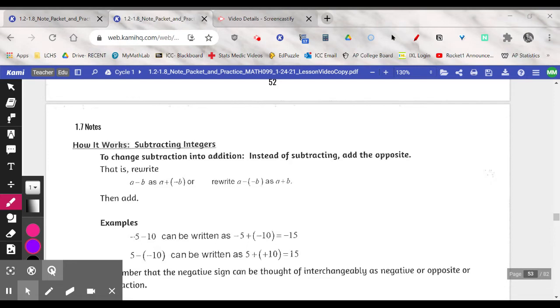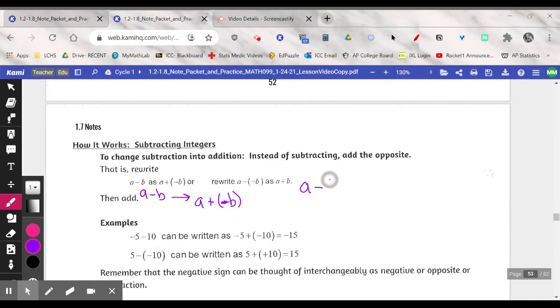So if you originally have it written as A minus B, you are going to change it to A plus negative B. If you originally have it written as A minus negative B, or A minus the opposite of B, you're going to change it to A plus B. And that's because subtracting a negative is the same as adding a positive.